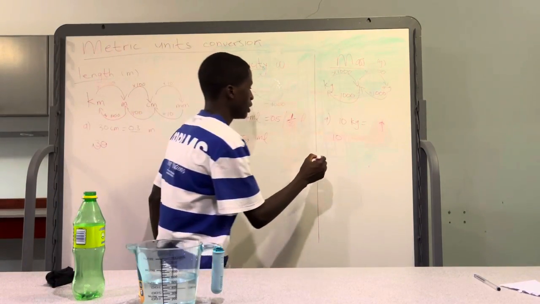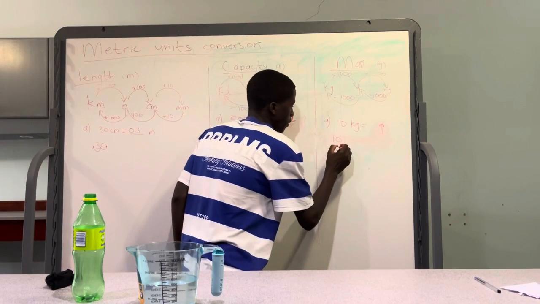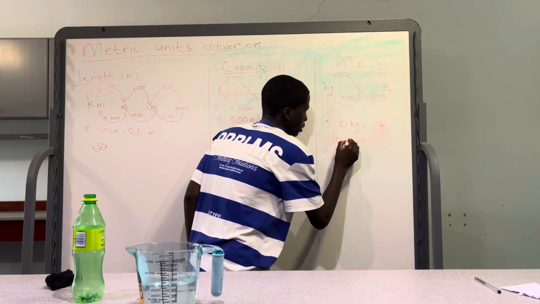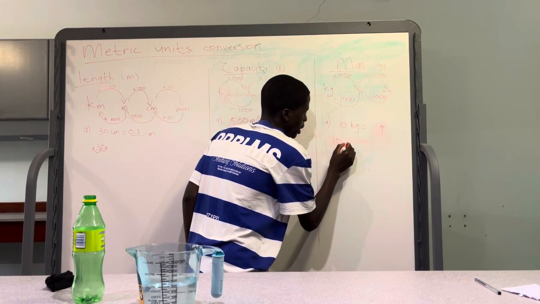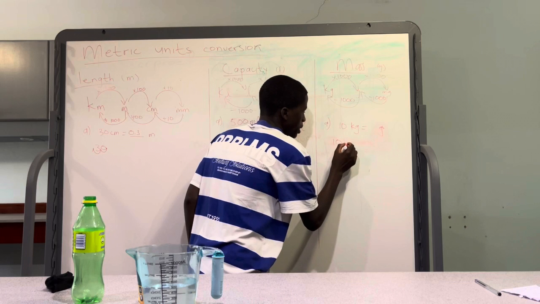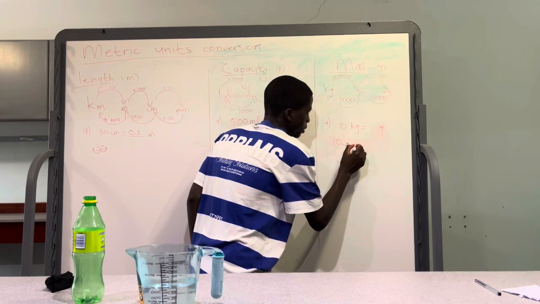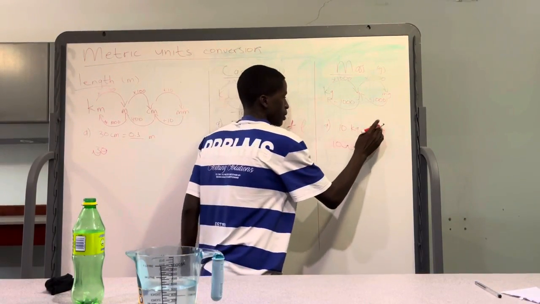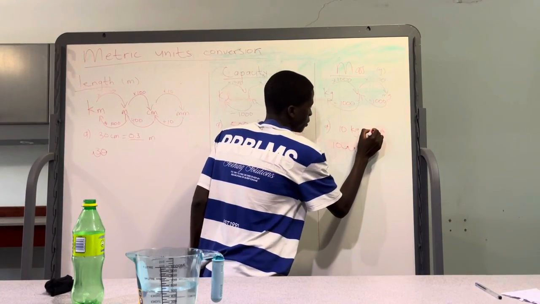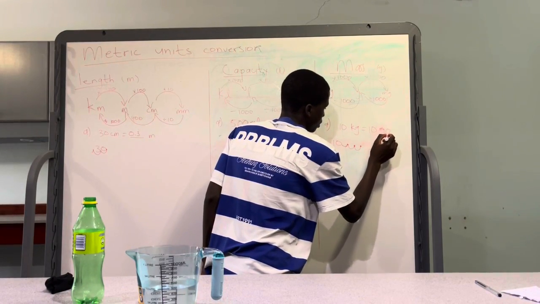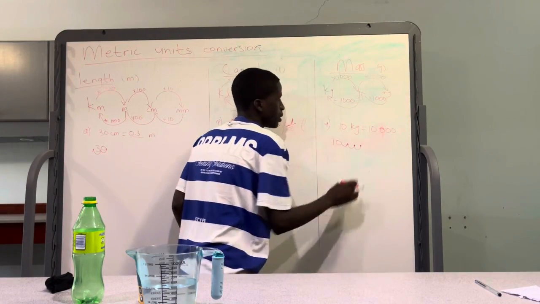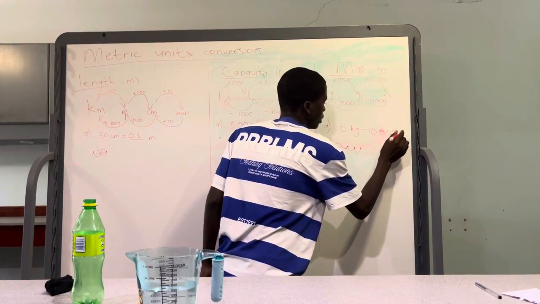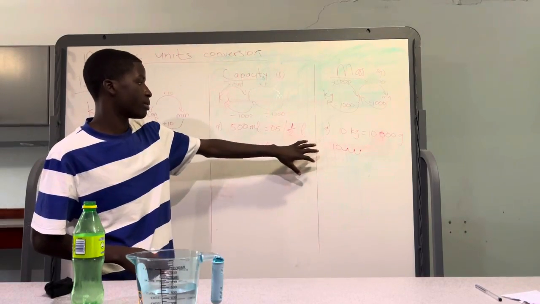We move our comma forward 3 times. If you move 1 time, we add 1 zero, 2, we add 2 zeros, and 3, we add 3 zeros. Now our answer is 10,000 grams.